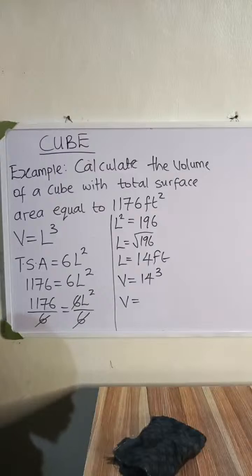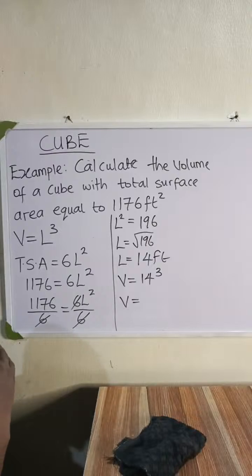14 to the power of 3, what's it going to give us? 14 multiplied by 14 multiplied by 14. Okay, it seems it's lagging a little bit from your end.